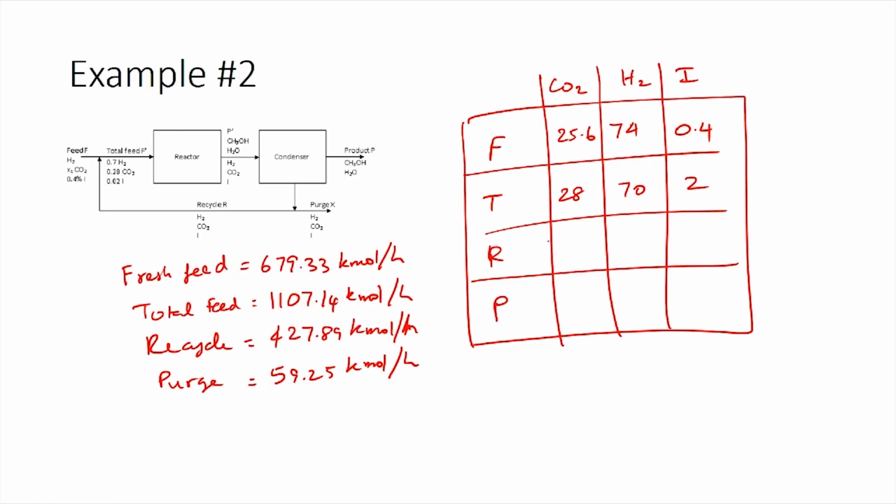The recycle stream contains 31.82% carbon dioxide, 63.64% hydrogen and 4.54% inerts, and the composition will be the same for the purge stream at 31.82, 63.64 and 4.54.